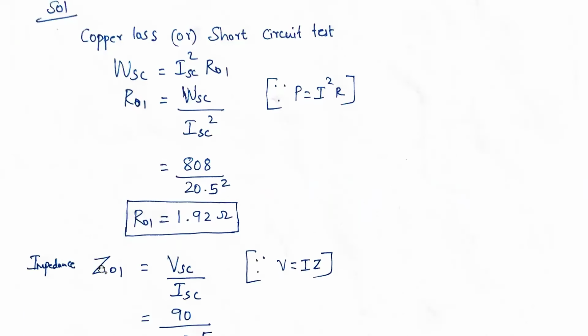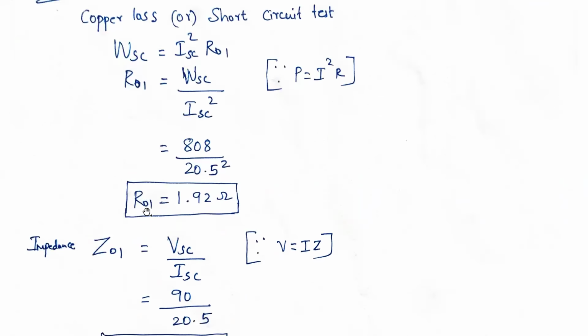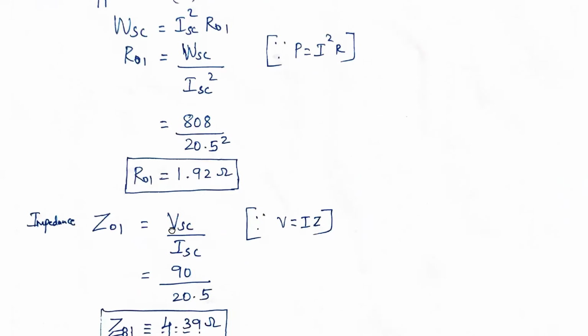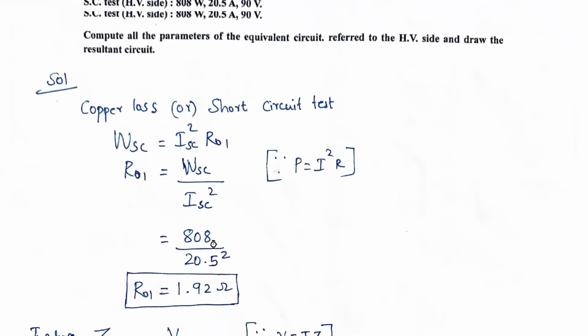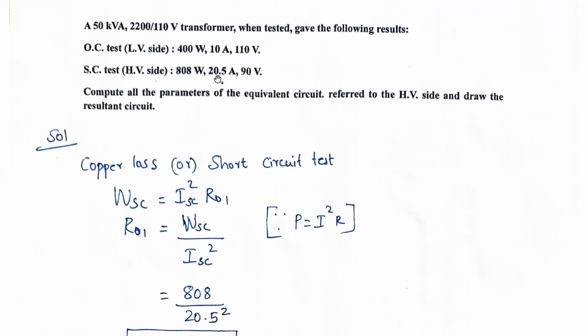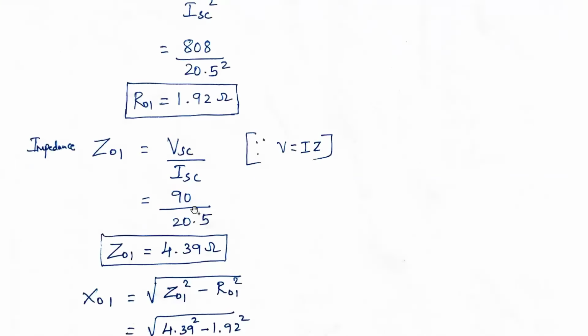Now we are going to find the impedance Z01. The resistance component we have found. Impedance Z01: V is equal to I into Z, so Z is equal to V divided by I, that is V_SC divided by I_SC. V_SC is 90 divided by I_SC, 20.5. If you simplify, you get Z01 as 4.39.